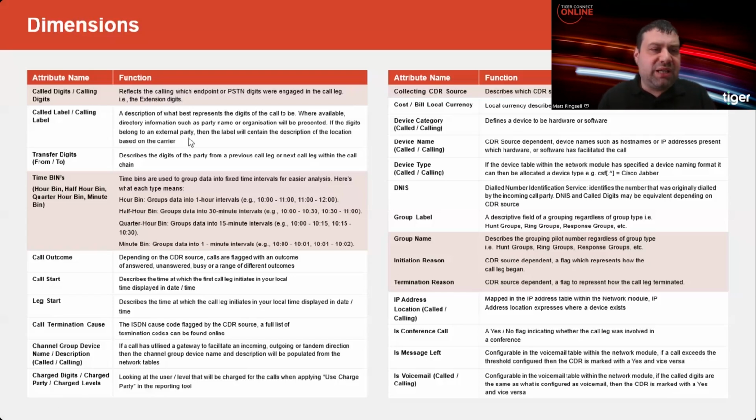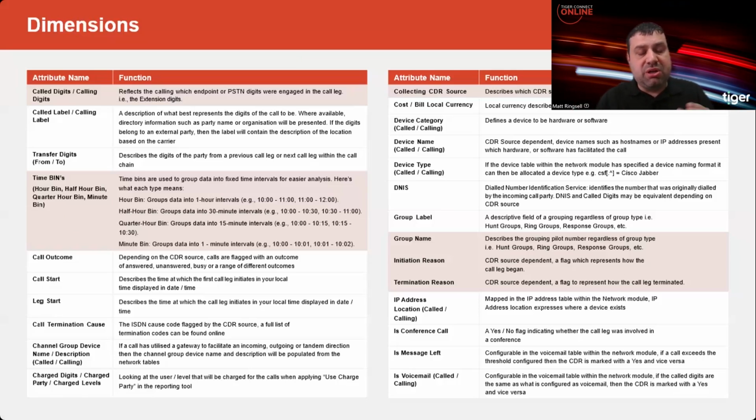Another important one here is time bins. Not a lot of people use time bins, but I use them quite a lot, and they are quite important when you're aggregating data to hours, half hours, quarter hours, or minutes. Let's say you've got a department or a group of staff members.